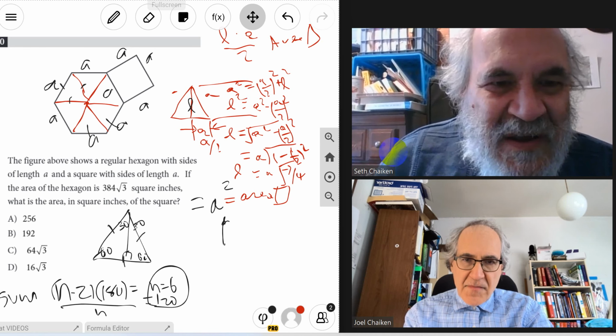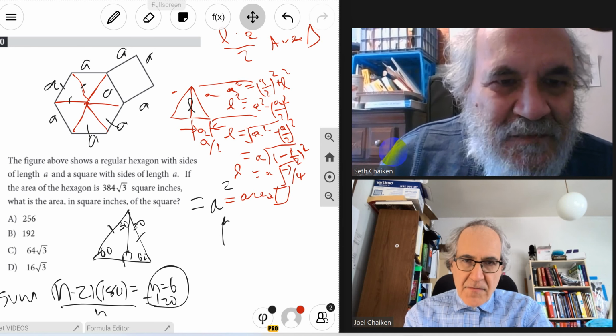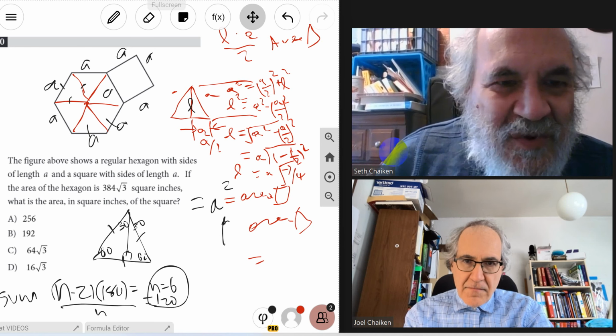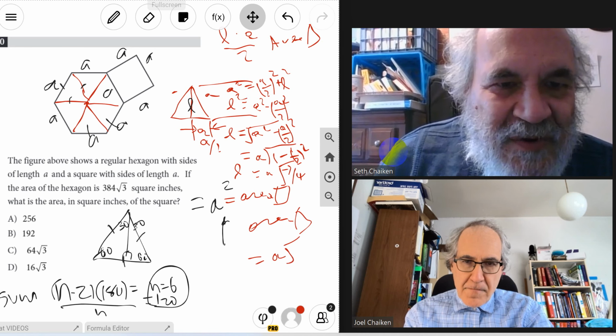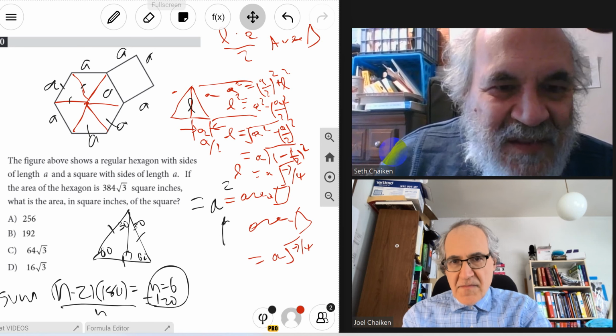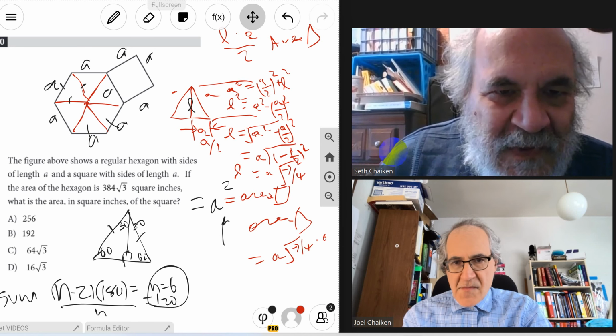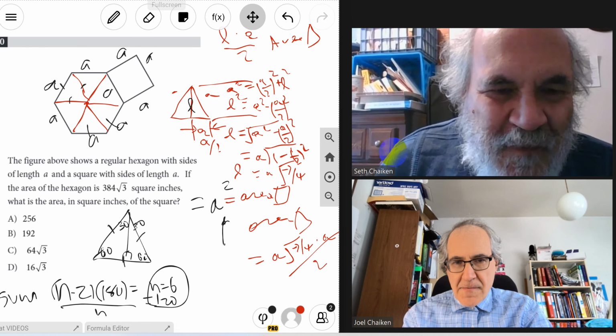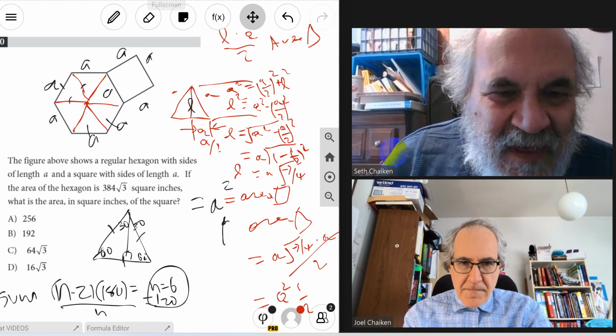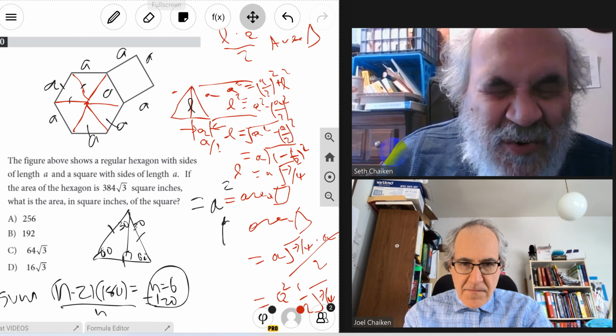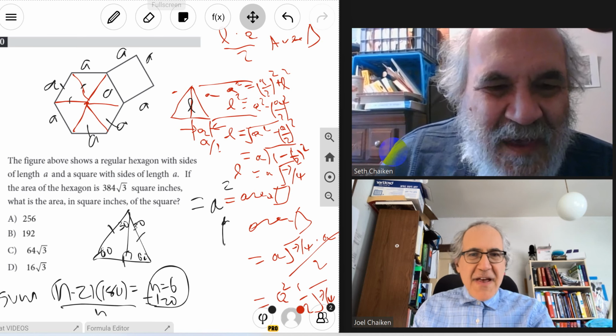Therefore, the area of the triangle is equal to A times the square root of 3/4, that's for L, times A divided by 2, which is A squared times a half of the square root of 3/4. Should we simplify this? What a mess.